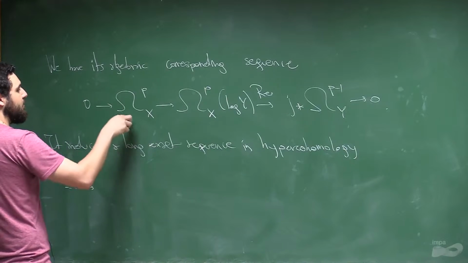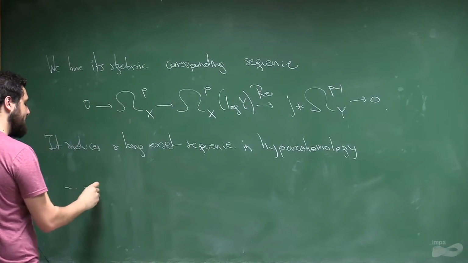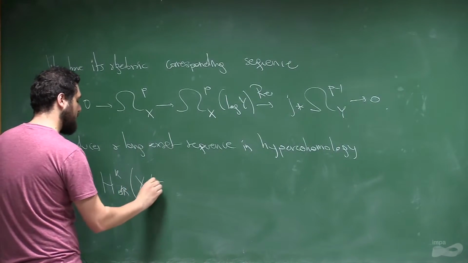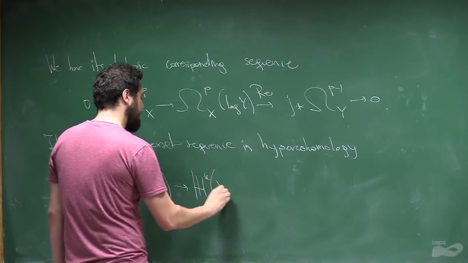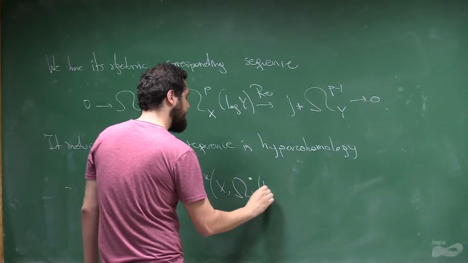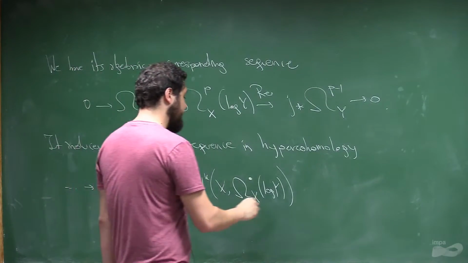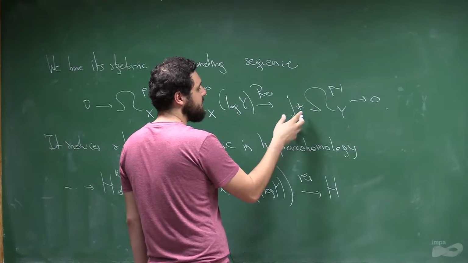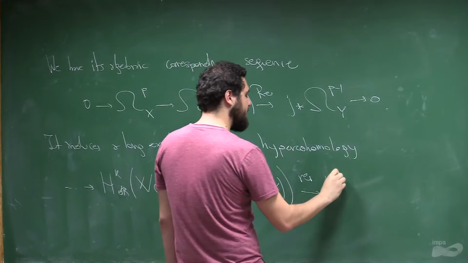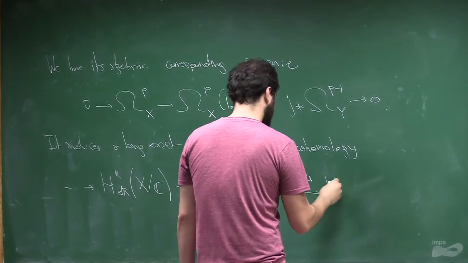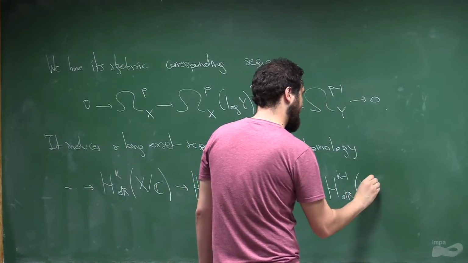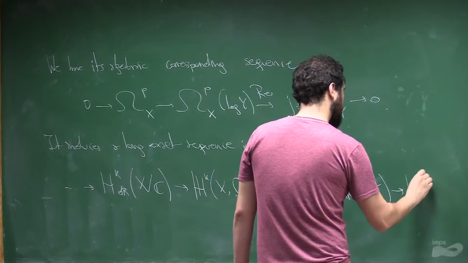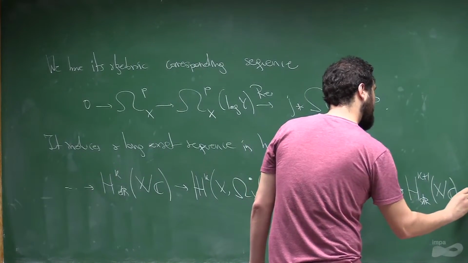The hypercohomology group of X with coefficients in the complex of algebraic forms is just the algebraic de Rham cohomology of X. Here we have the hypercohomology of X with coefficients in the complex of logarithmic forms with poles along Y. And here we have this residue map that will give us now the restriction of this complex to Y. So we will obtain the algebraic de Rham cohomology of Y, but shifted by 1, right? And it continues.